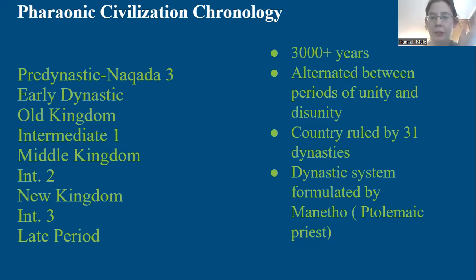There's 31 or 32 dynasties that make up these periods overall. And then this dynastic system was actually first formulated by a Ptolemaic priest, and Egyptologists have made revisions and changes to it, but his basic terminology has remained in use by Egyptologists.